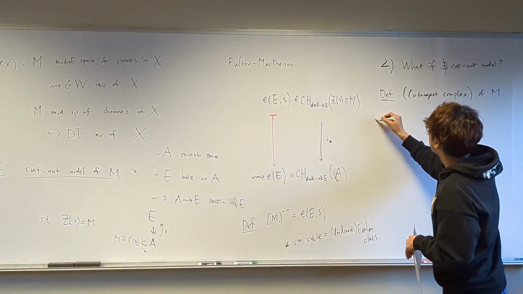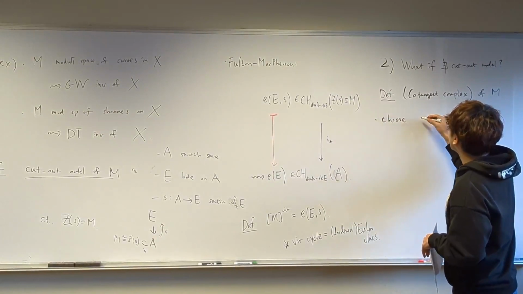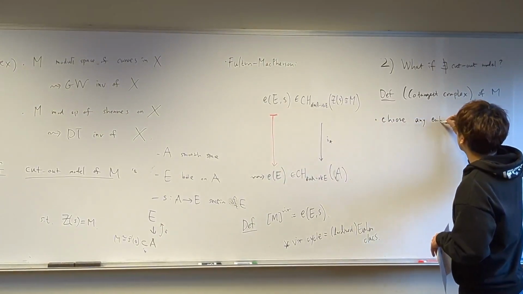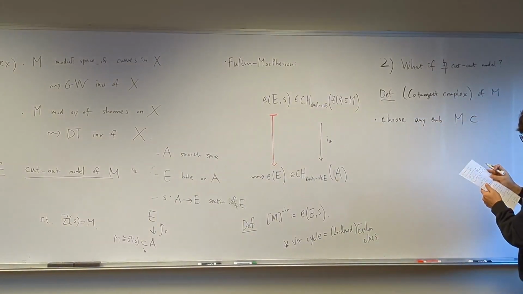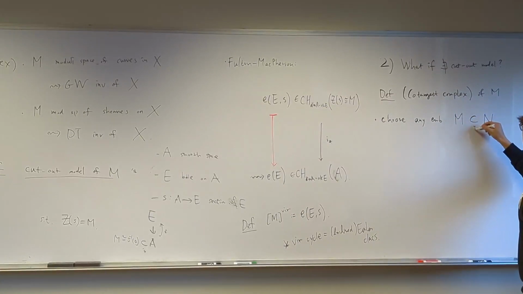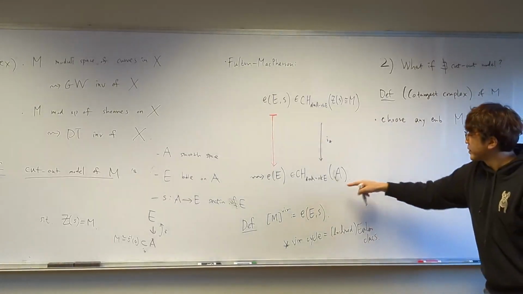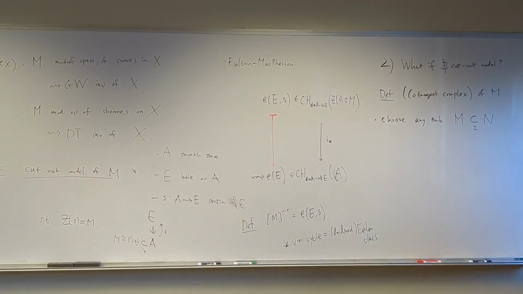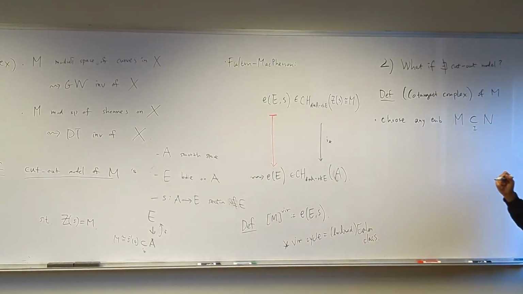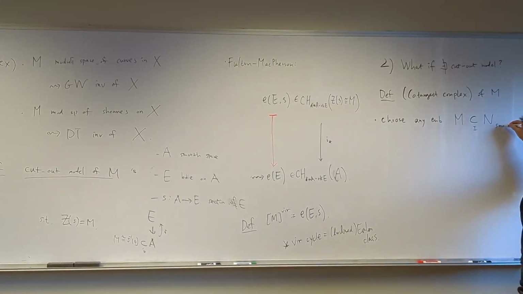First of all, choose a closed embedding of M into some smooth space N, with defining ideal I. I use a different notation N because I want to emphasize this is not from a cut-down model. So you choose any embedding of M into N, and it's smooth.